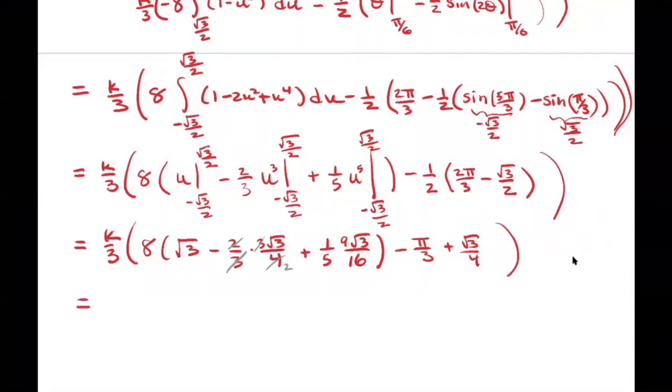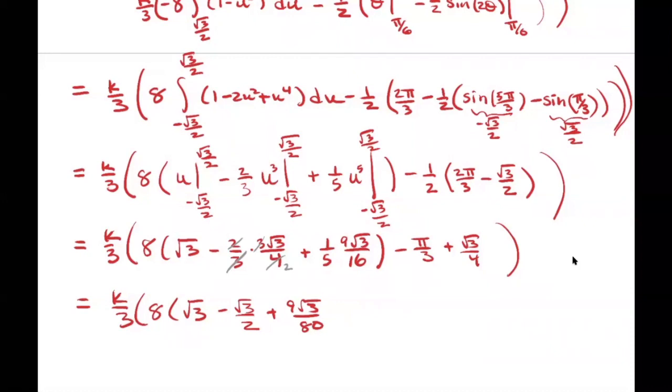Actually, there's a lot that you can clean up there. So hang on, k over 3, I've got an 8 roots. I think I'll just do some working here first. So I got 8 times root 3 minus just another root 3 over 2, and then plus 9 root 3 over 80. These are all root 3's.